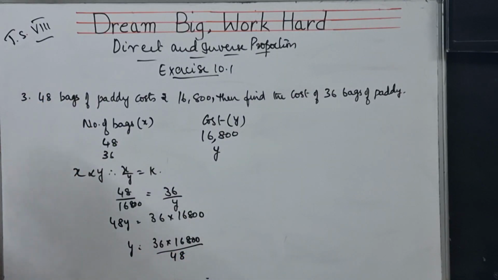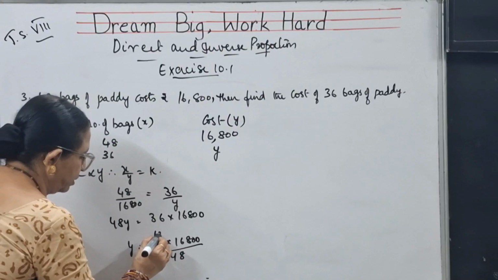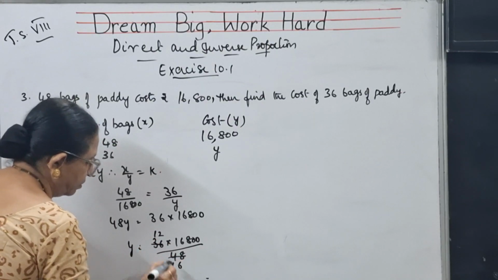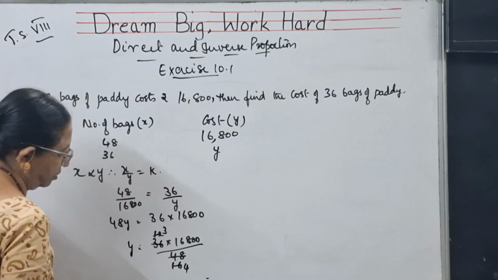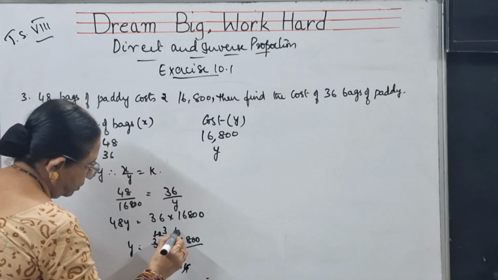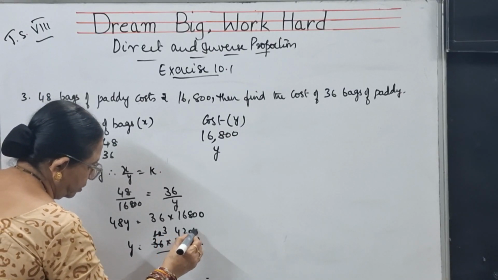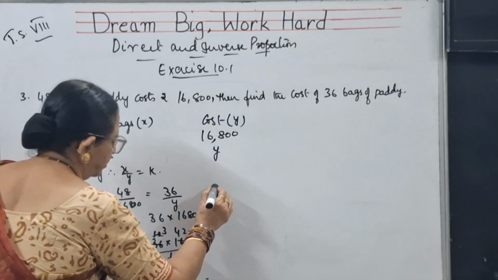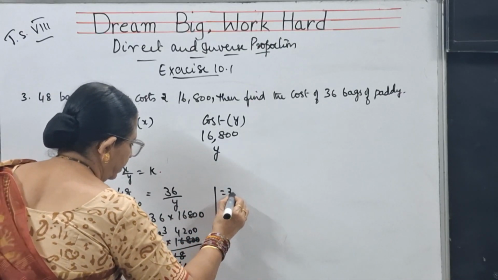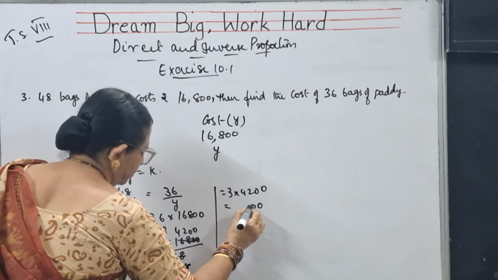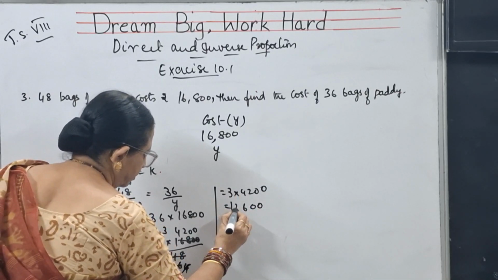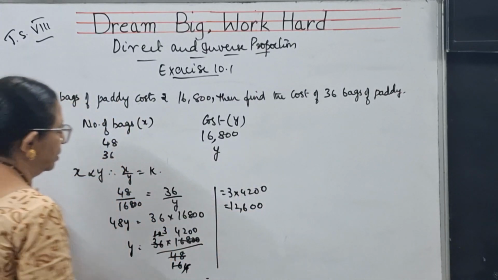So 3 ones are 3, 3 twos are 6, 4 threes are 12, 4 fours are 16, 4 twos are 8, 0 0. So this is nothing but 3 into 4200. 0 0, 3 twos are 6, 3 fours are 12. 12,600.